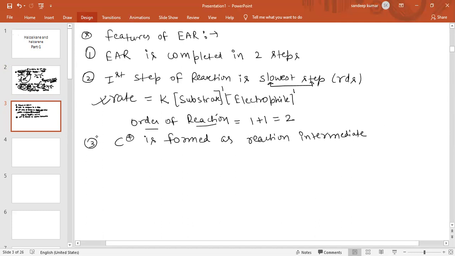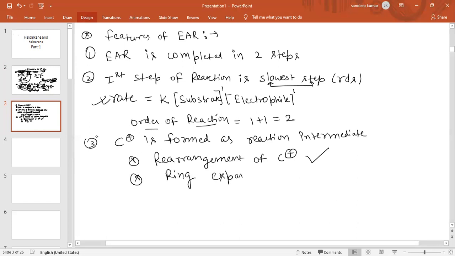It means the rearrangement of carbocation is possible, and also ring expansion of carbocation is possible. So if carbocation is formed as a reaction intermediate, then there are chances of rearrangement, and also chances of ring expansion of carbocation.